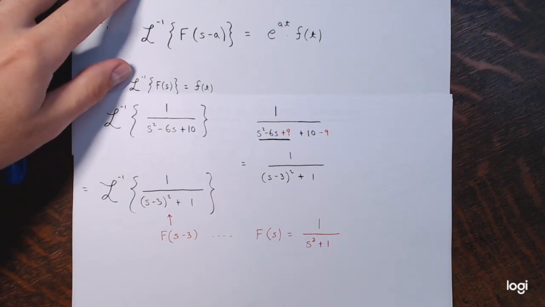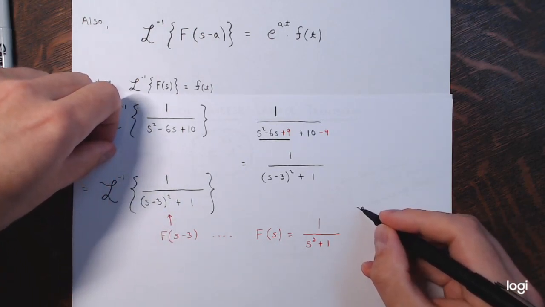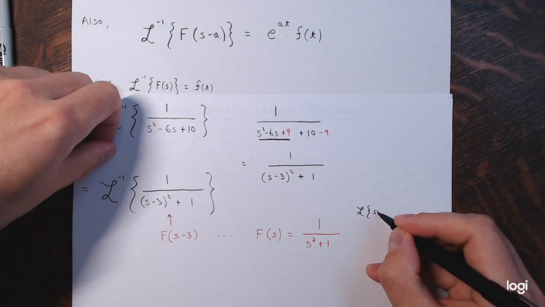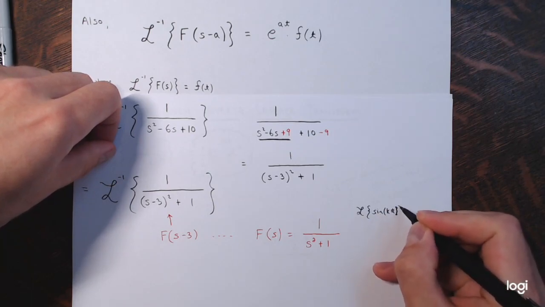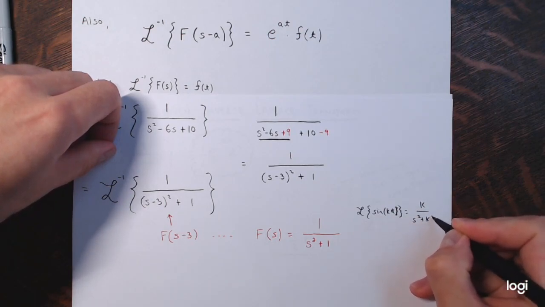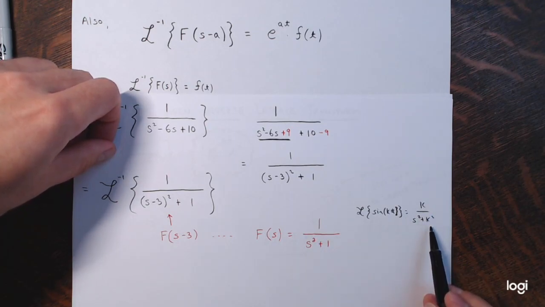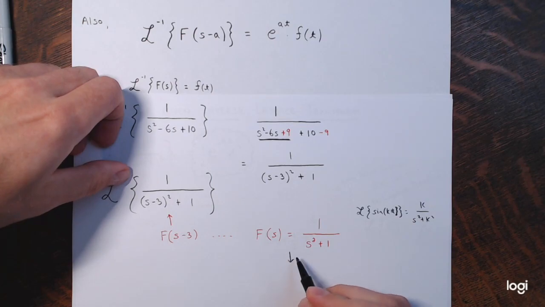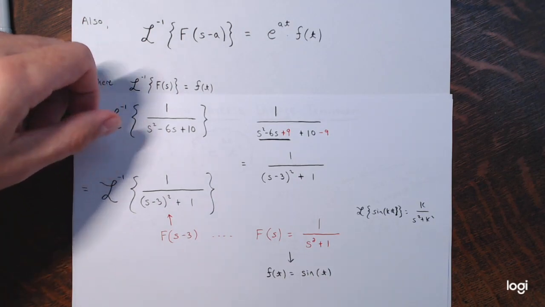And you just saw a couple pages ago, remember that the Laplace transform of the sine of kt was k over s squared plus k squared. Isn't that exactly what I have here, but with k equal to 1? So if I did the inverse Laplace transform of this, that little f of t is just the sine of 1t, the sine of t.